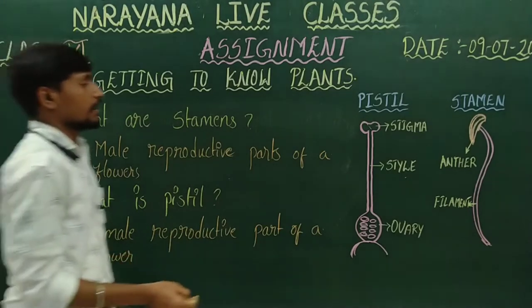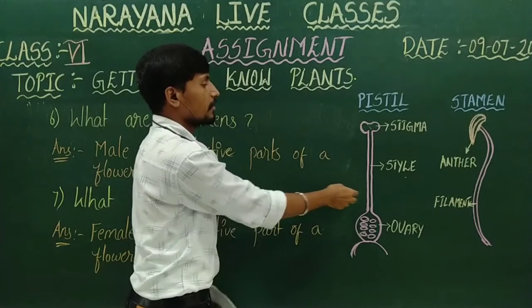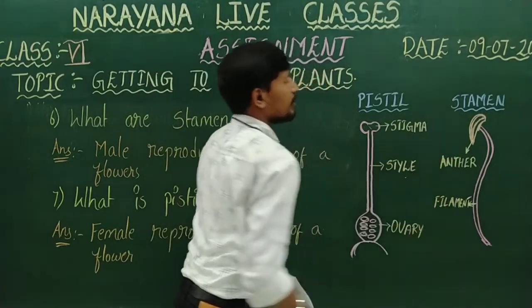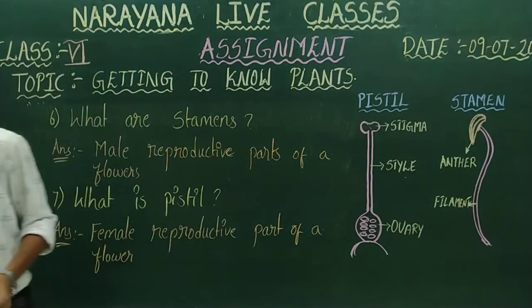Here I have drawn the diagram. This is the pistil, a female reproductive part of a flower. This is a stamen, a male reproductive part of a flower.